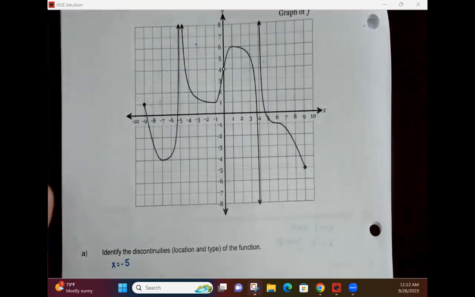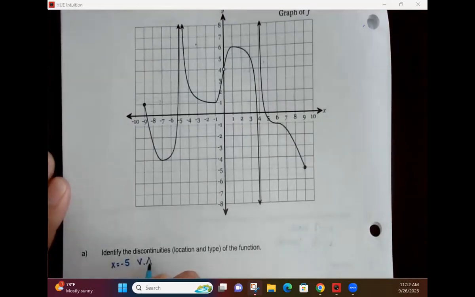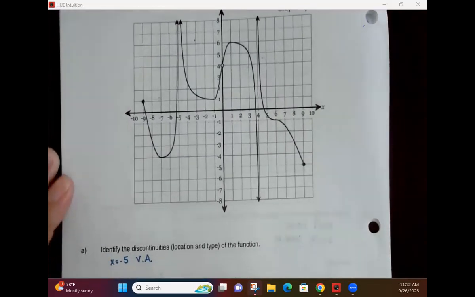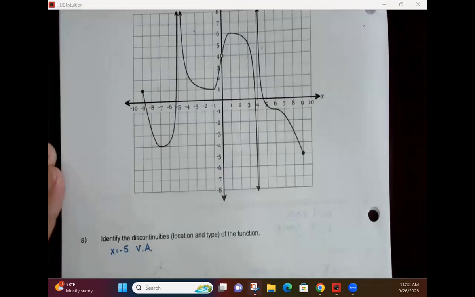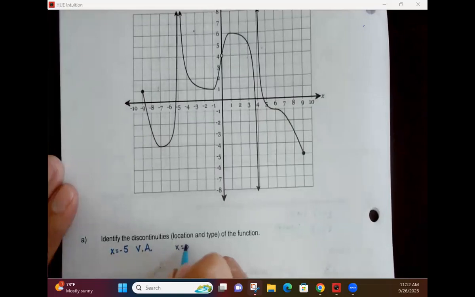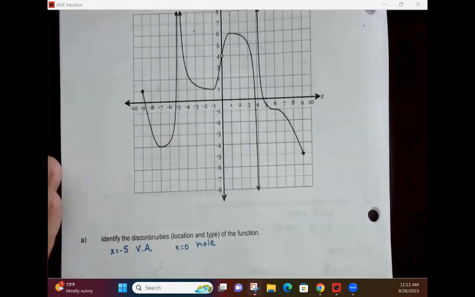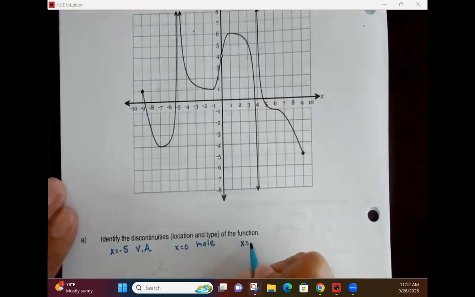VA, yeah, vertical asymptote, yep. Where else do I have weird stuff? When x equals 0, we have a hole. And I heard somebody say at 4, at x equals 4, what happens? I have another vertical asymptote.